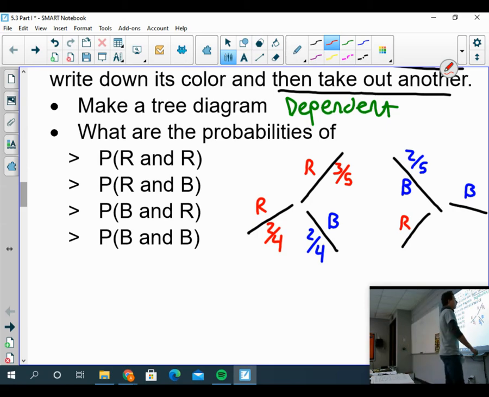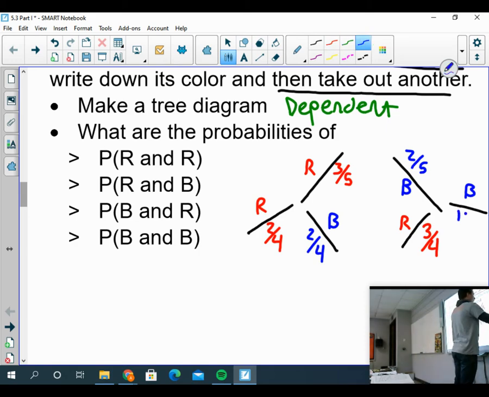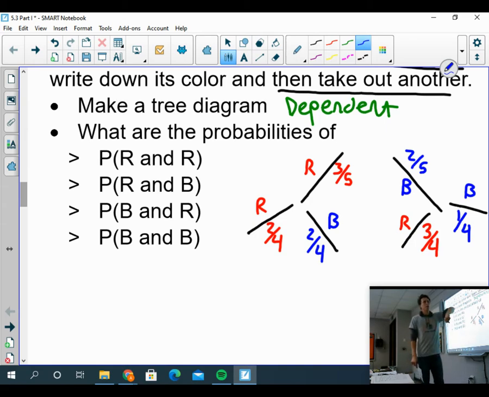What happens if I select a blue ball first? Well, then there's a 3 in 4 chance that I select the red ball. Okay? I haven't taken out a red one yet, but there is a 1 in 4 chance that I select the blue ball. Okay? This is because the first ball I took out was blue, so there's only 1 left, 4 balls total.